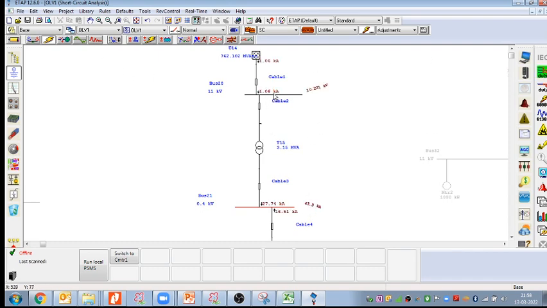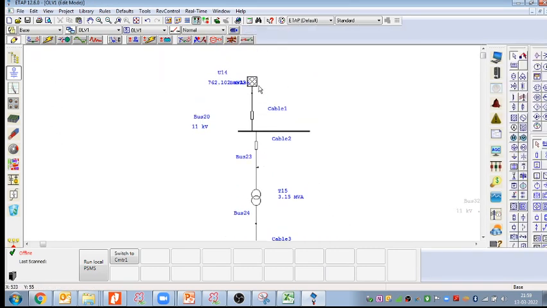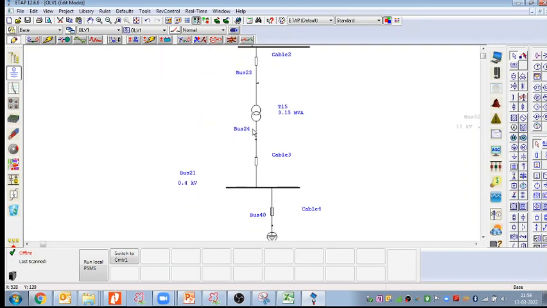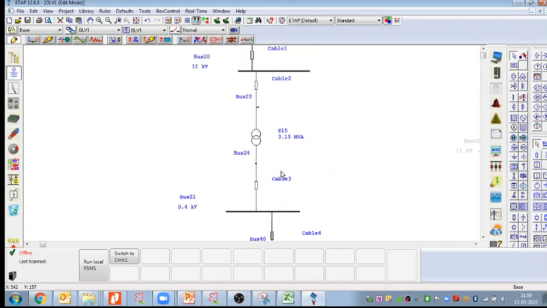So what I'm going to do here, let me take two bus. My sending substation here, then one bus bar, then transformer. Then here we have the secondary side of the transformer, and here we have the secondary bus, and here we have one lump load. So what I mean to say through fault, let's take another example.